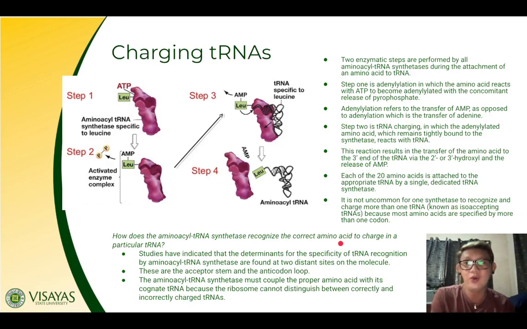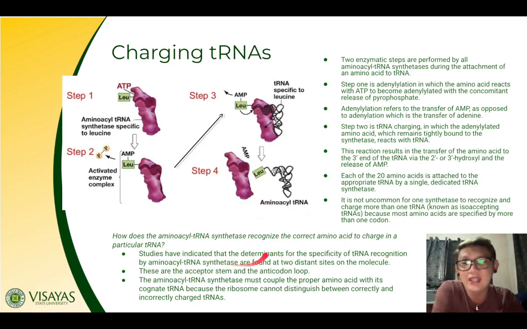So how do they know that, for example, if the codon is AUG, the anticodon on the tRNA should be UAC? How do they know that methionine is really attached to a tRNA that contains the UAC anticodon?